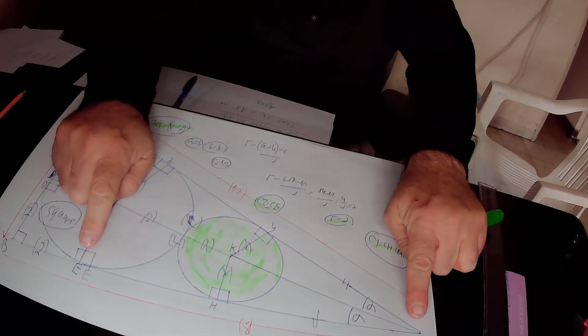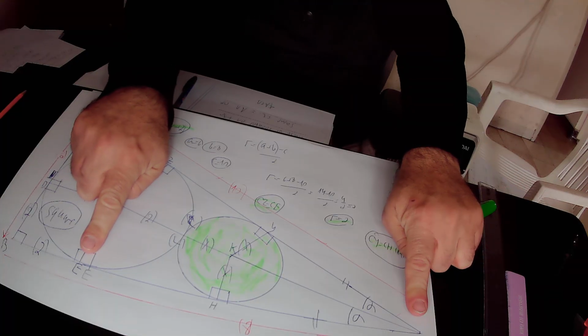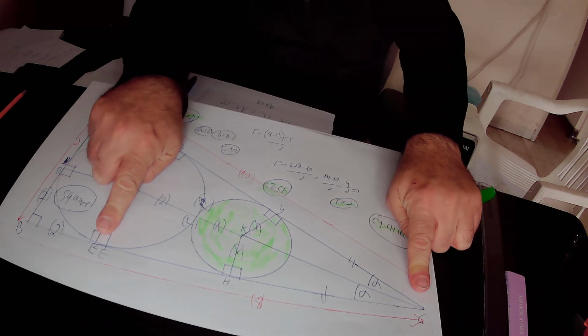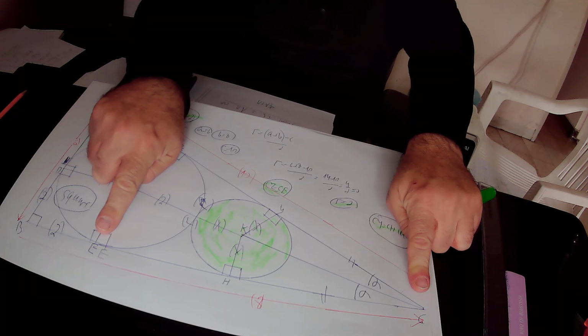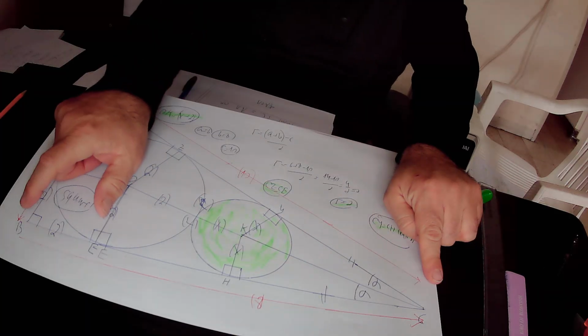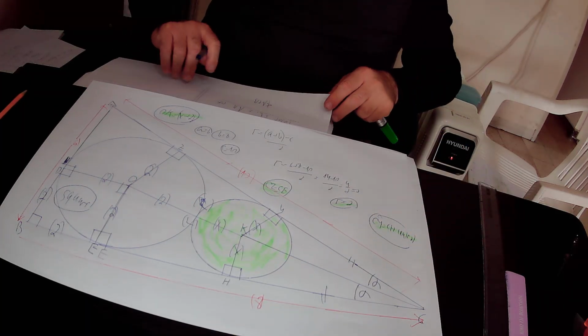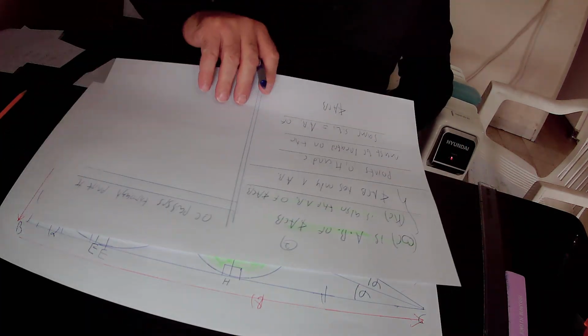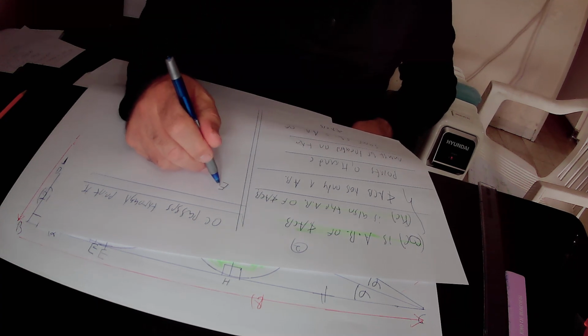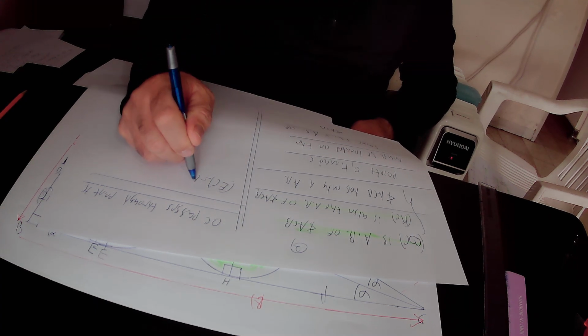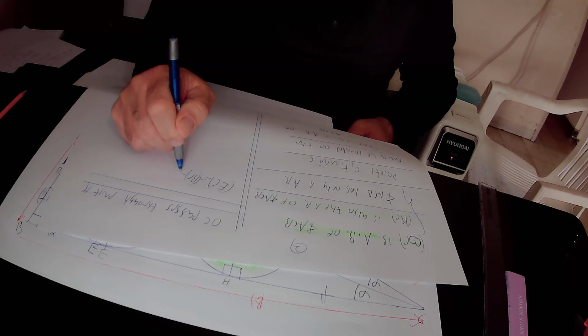What is the length of this missing line segment EC? From the drawing, it is very easy to see that EC equals BC minus BE. So the missing line segment EC is equal to BC minus BE.